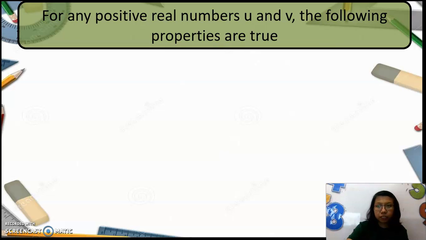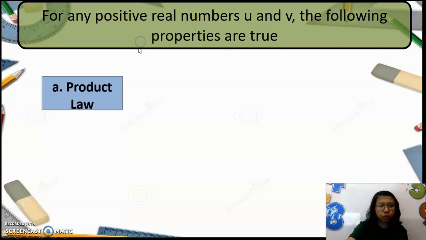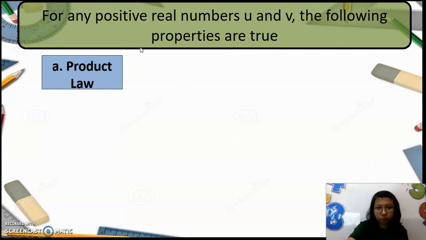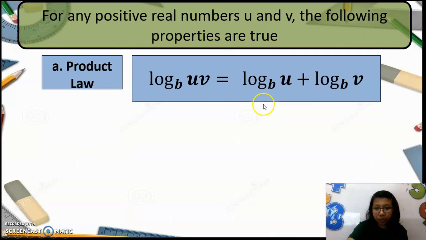So let's have the additional properties of logarithm. For any positive real numbers u and v, the following properties are true. Letter A, we have the so-called product law. When we have the product law, we can write the logarithm like this. We have logarithm of u multiplied by v to the base of b.